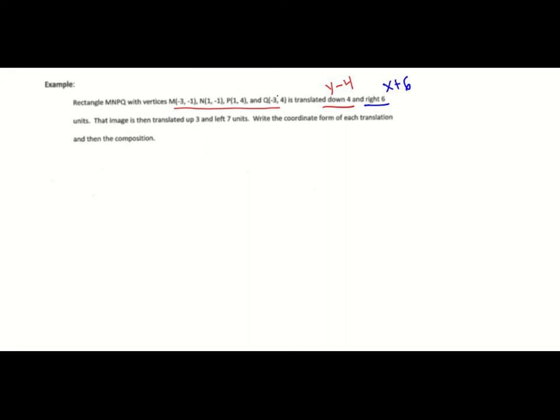Then the image is translated up 3, that's going to be plus 3 in my y direction, and left 7. Left is negative x, so that is going to be x minus 7. Write the coordinate form of each translation and then the composition.